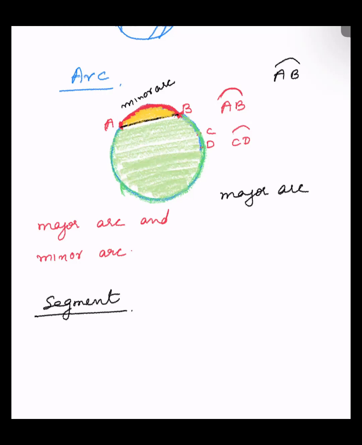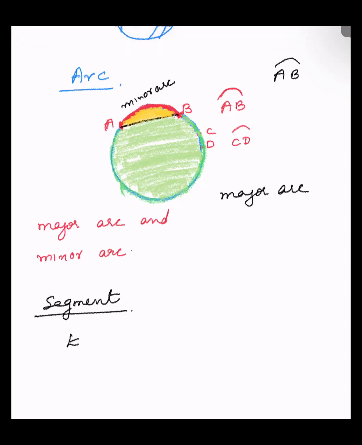Just like when I discussed arc, I told you we are getting one major arc and one minor arc. Similarly, you are getting a major segment and a minor segment. How are you getting that? When you draw a chord, it is dividing the circle into two segments. Okay.